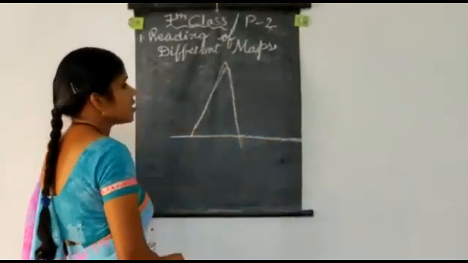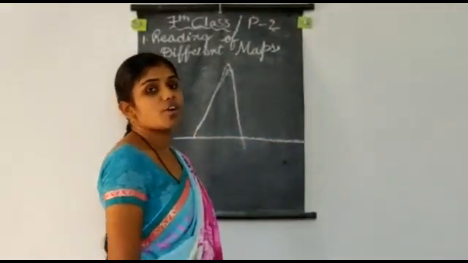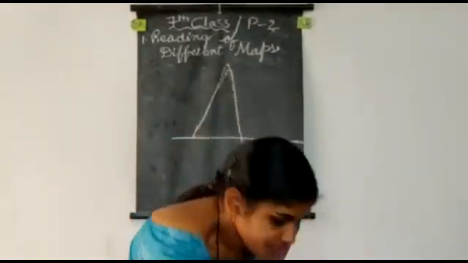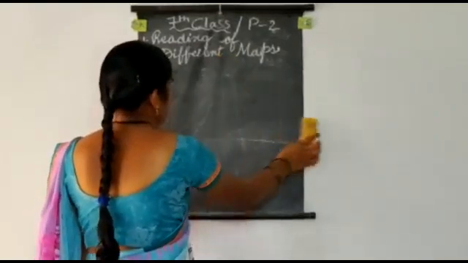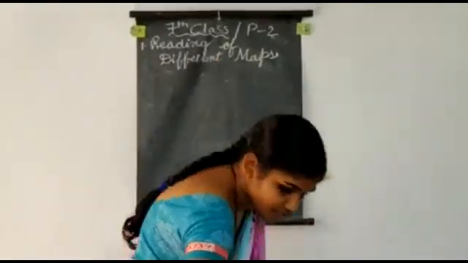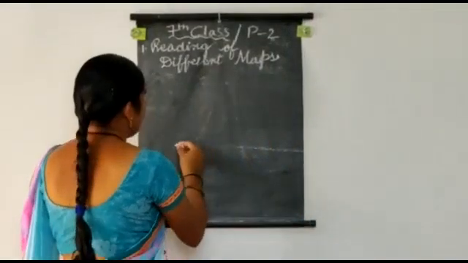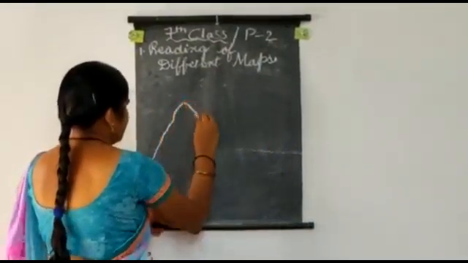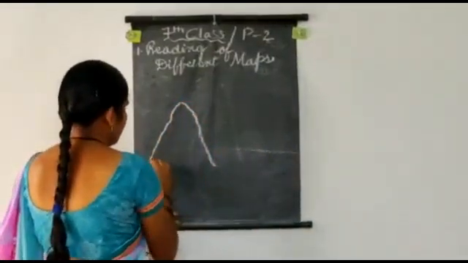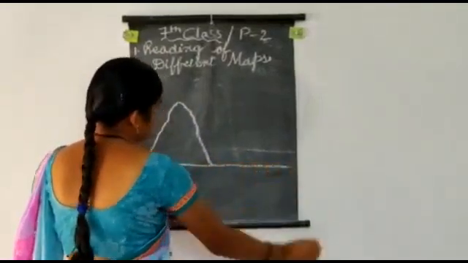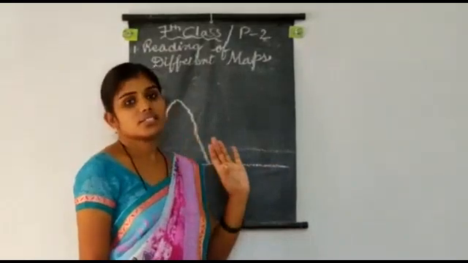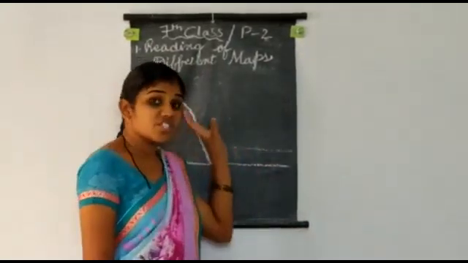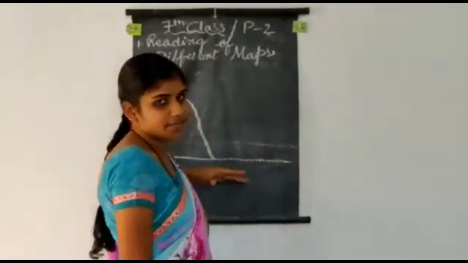So this is the hill. Here, by seeing this, we can clearly understand that this is a hill which is on the land.